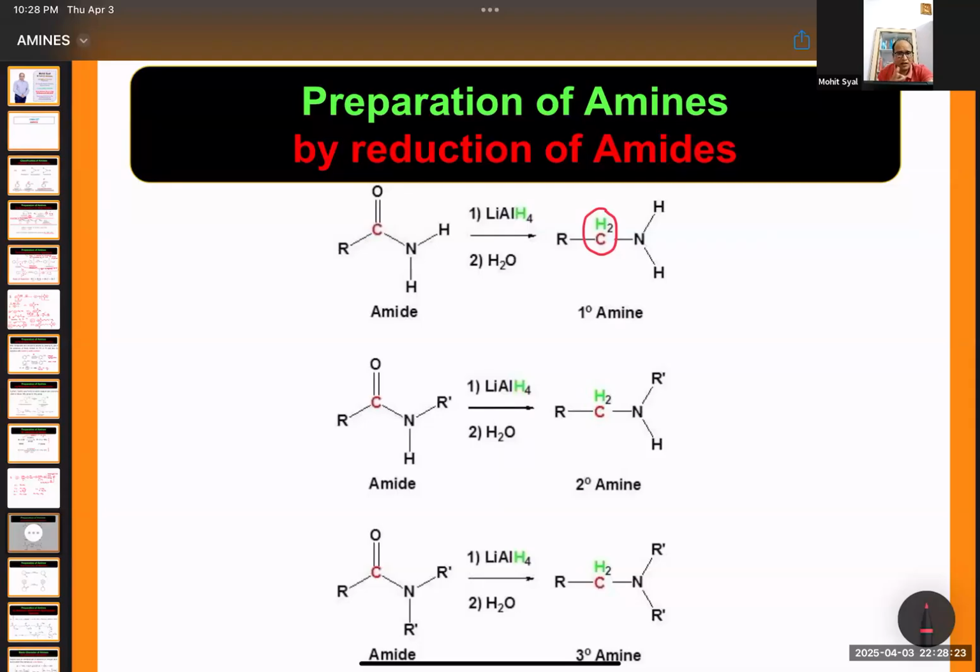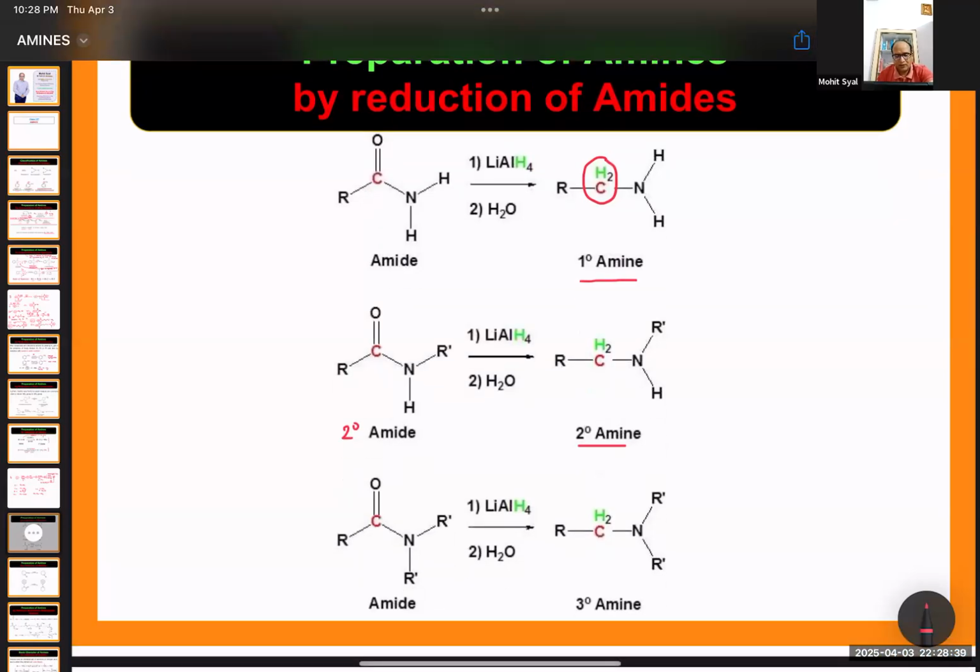Whatever the amide you are having, accordingly you will end up with a primary, secondary or tertiary amine. If you start with a secondary amide, you get a secondary amine. If you start with a tertiary amide, you get a tertiary amine. So I hope this is clear. LiAlH4 can be used.